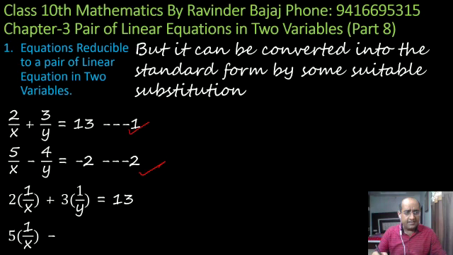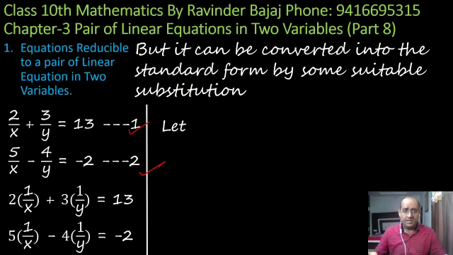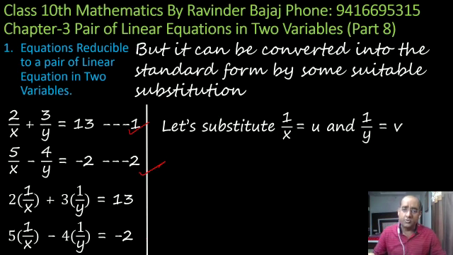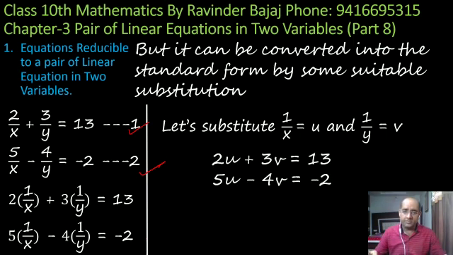In this, 1 upon x and 1 upon y can be written as some variable. Let 1 upon x is equal to u and 1 upon y is equal to v. Put this value in equation 1 and equation 2, you will get 2u plus 3v is equal to 13, and 5u minus 4v is equal to minus 2.